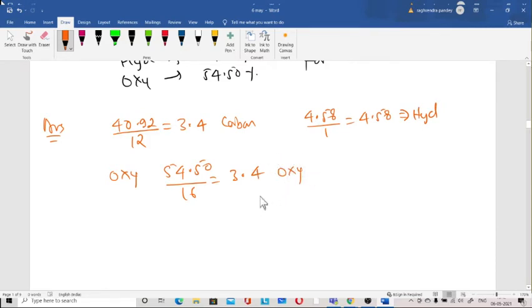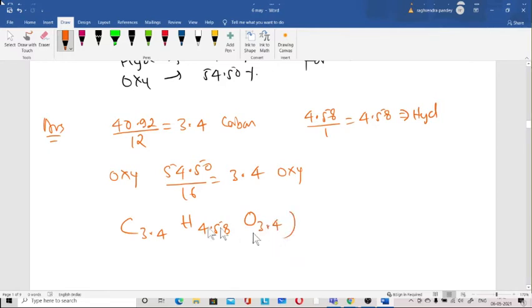Now what you have to do: not exactly 1, because this is 4.58. Carbon is 3.4, hydrogen is 4.58, and oxygen is 3.4.